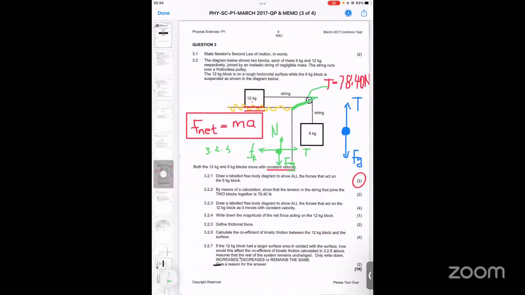What is the magnitude of that net force? Comment in the comment section with that. No one is saying calculate anything, but just read that question carefully and understand what exactly they are talking about. Write down the magnitude of the net force acting on the 12 kg.